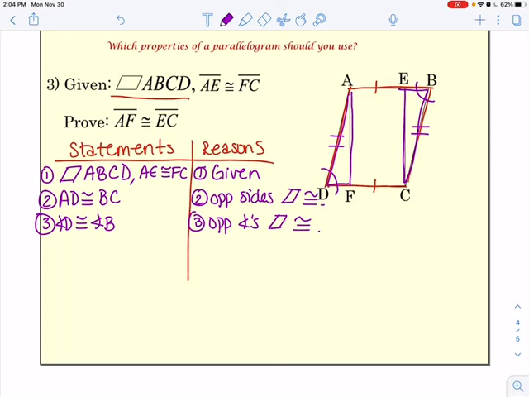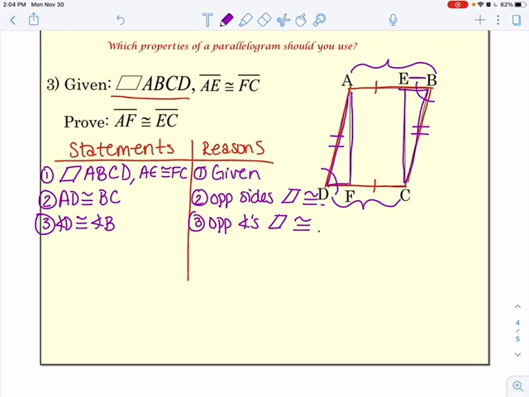So the next thing that I'm going to do is I'm going to first say that the entire sides of those two parallelograms are going to be congruent, that pair of opposite sides, because again, opposite sides of a parallelogram are congruent. And now we're going to see the subtraction postulate come into play. I don't need the entire side. I need this part right here, the EB.